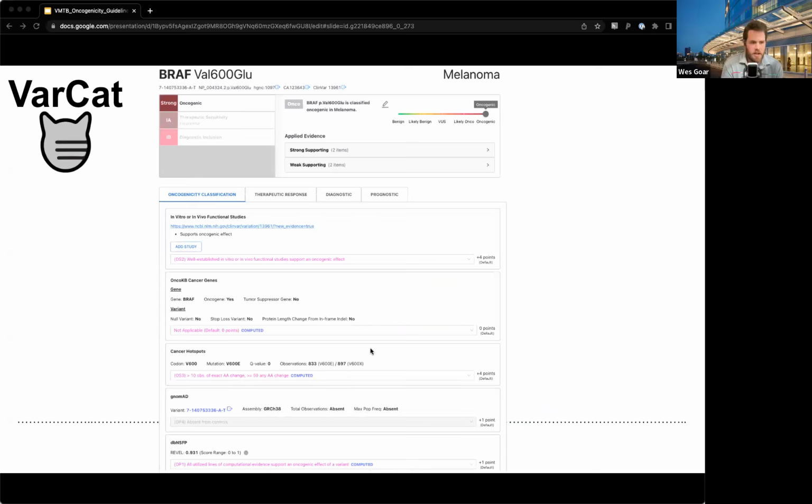So to give you an example of what we're trying to build right now, here's a quick screenshot of VarCat. We have our variant and disease combo here with BRAF V600E, and we're checking this in terms of melanoma. The first tab is going to be your oncogenicity classification. And you can see some of the different data that's required to actually determine the oncogenicity of a variant shown below, such as your in vitro or in vivo functional studies.